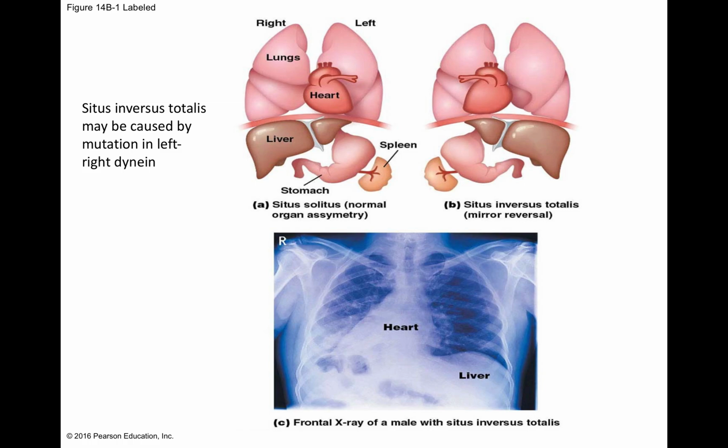It's a mirror reversal, and it's thought that it may be caused by a mutant form of dynein. During the developmental process, you have a dynein that is causing movement in the wrong direction, and that sets up developmental chemical gradients that are in the wrong direction, and everything has a mirror reversal. And often, people don't know until they get an exam where they can't find the heartbeat until they go to the other side.